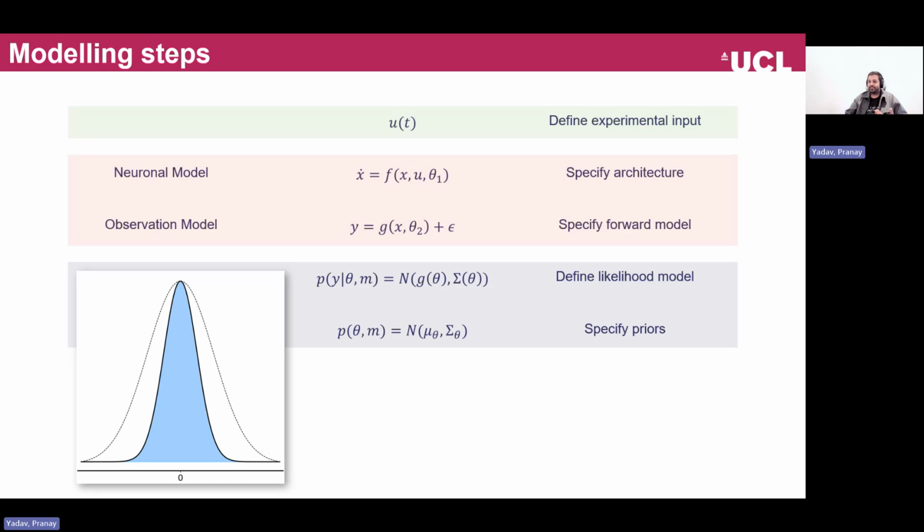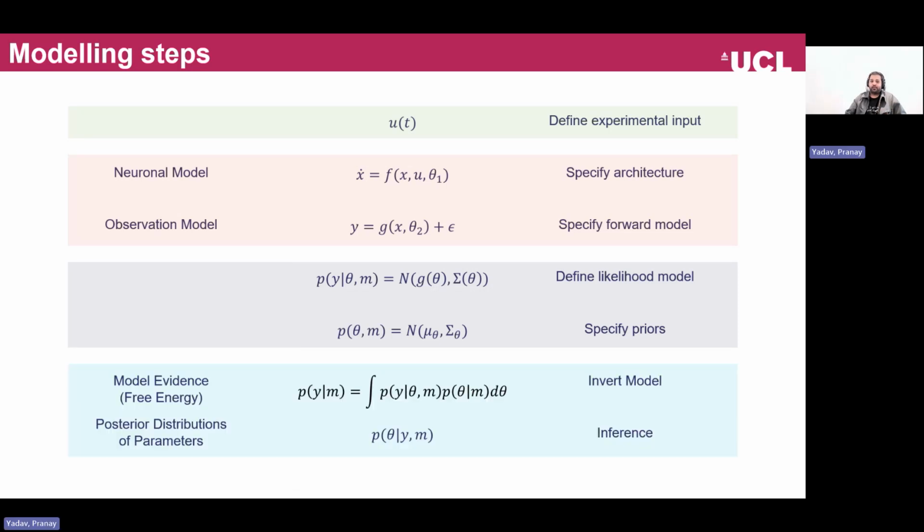Alternatively, we could be absolutely certain that this parameter must take this value and must not be informed by data, in which case we could lock its variance to 0. And in this case, the parameter will not be informed by data at all.